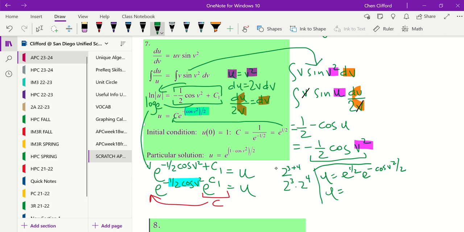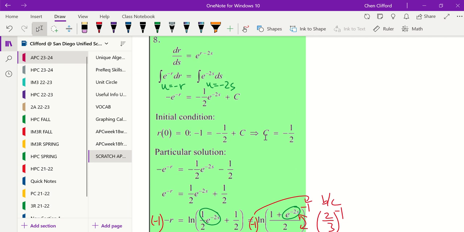We're going to u equals e to the power of 1 minus cosine v squared, or let me actually write it out a step beforehand. e to the 1/2, and you can plus negative cosine v squared over 2. And then all they did here is just combine those two to become this right here. Okay, so hopefully that makes sense, folks.